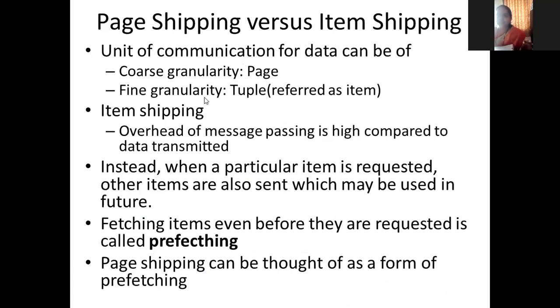Fine is always smaller and coarse is always greater. Fine means one tuple or one record, so that is fine granularity, and coarse is always greater, so this is the page.